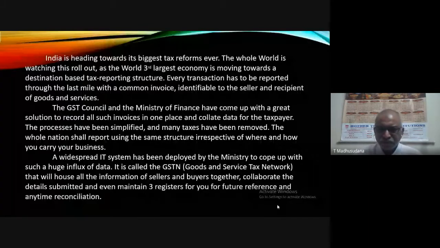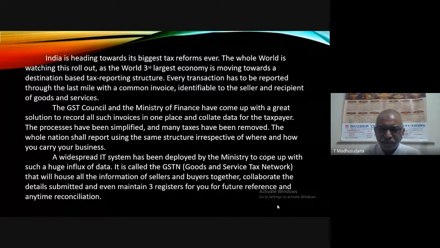This network was established by the ministry, and through this network all the data of all the people will be collected.